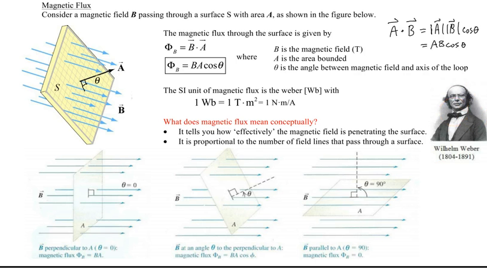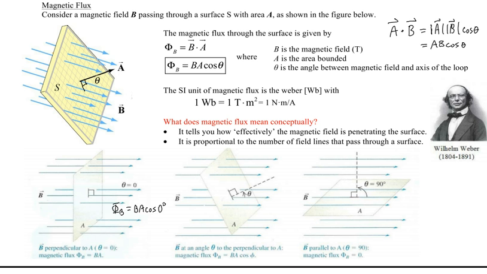Now let's consider a few cases where we get maximum and minimum flux. If the magnetic field penetrates the surface perpendicularly to the plane, as you can see with this right angle here, then we find that the magnetic flux is equal to B times A. Remember that the magnetic flux formula is BA cosine theta, but in this case our angle is 0 degrees.